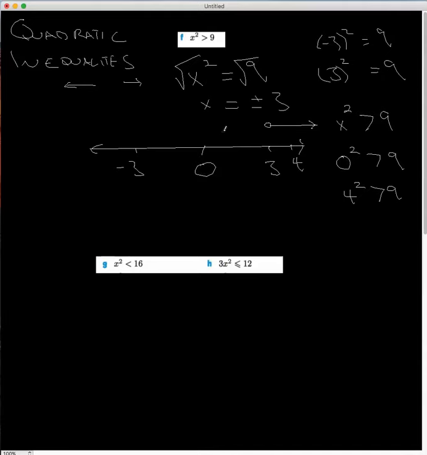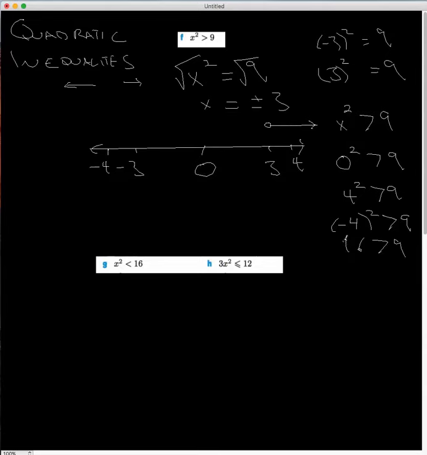And we already know that it should not be in between negative 3 and 3, but let's just take another point here at minus 4. So if we put minus 4 squared, remember to use your brackets, because if you put just negative 4 without the brackets on your calculator, you'll get a wrong answer. So negative 4 squared, which is 16, greater than 9.